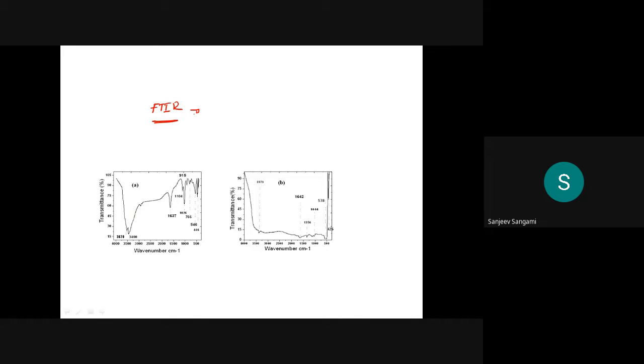Even with the help of FTIR, you can confirm the functional groups that are present in any of the samples.